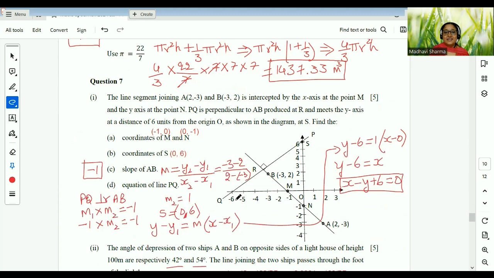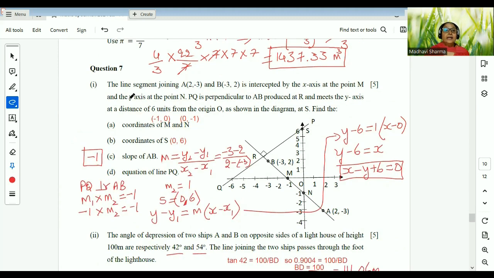Question number 7. The line segment joining A, A is here, children, and B is here, is intercepted by the x-axis at point M here and the y-axis at the point N here.